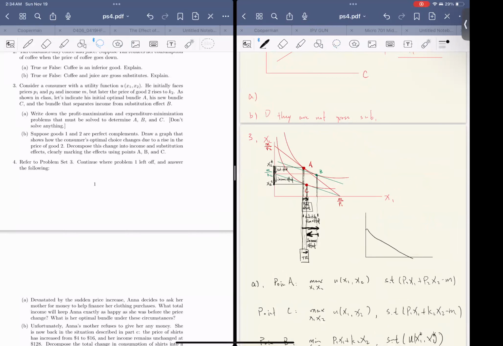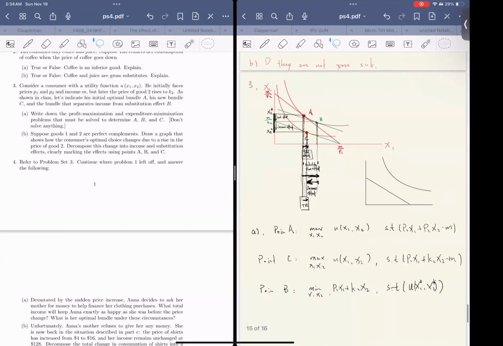Let me just draw it, it's easier. Before, in the regular utility maximizing problem, we're kind of doing this.